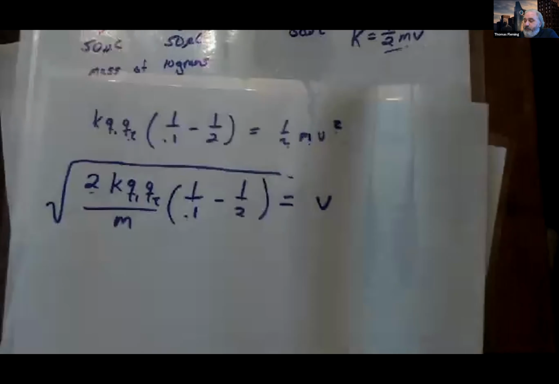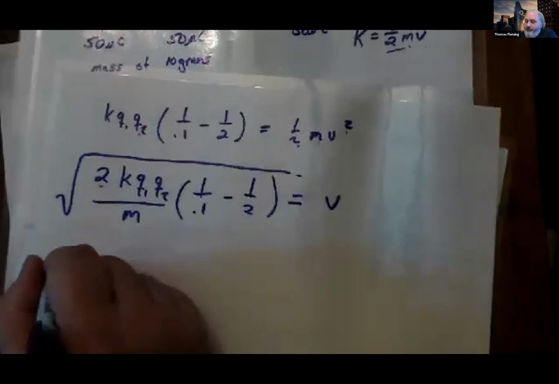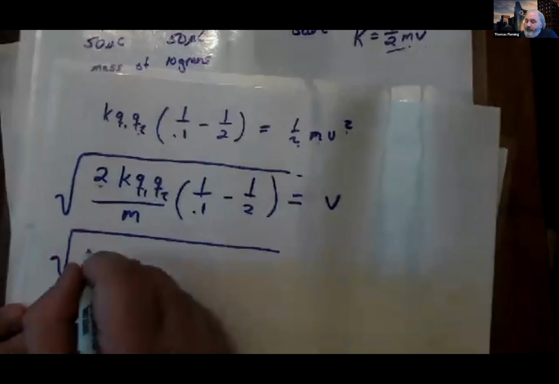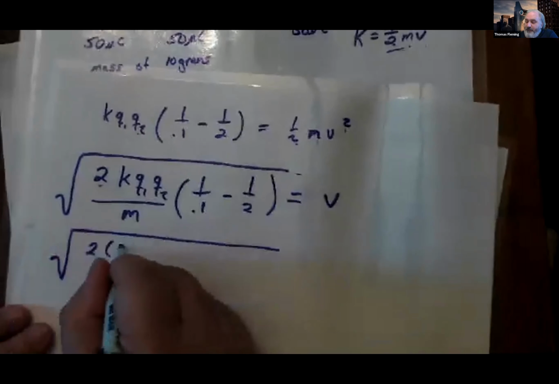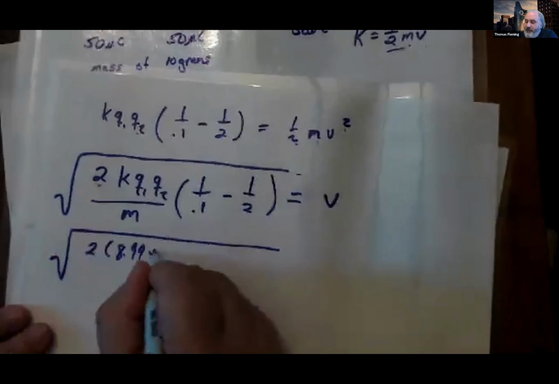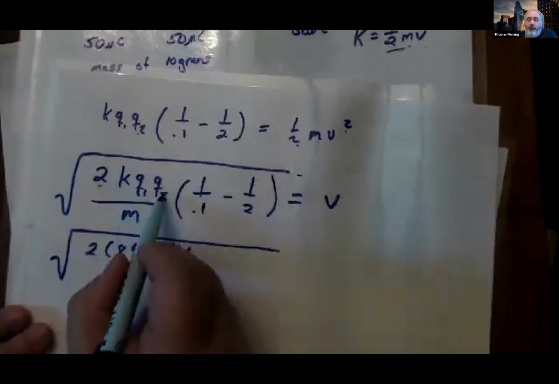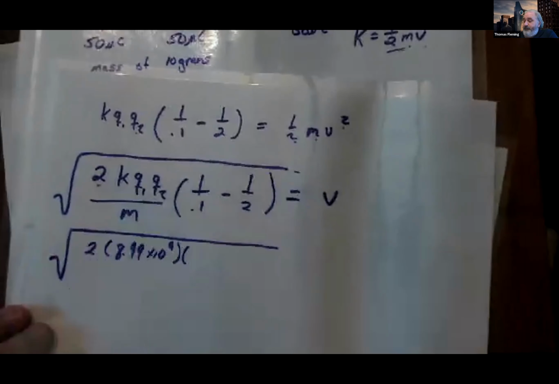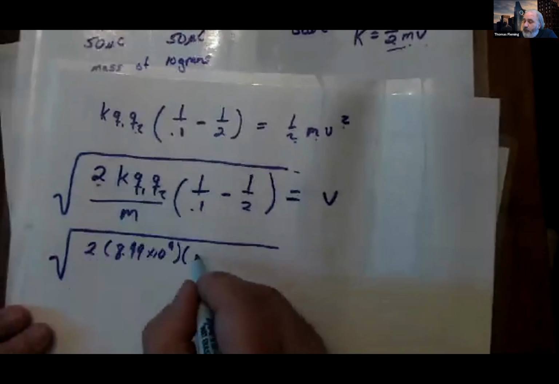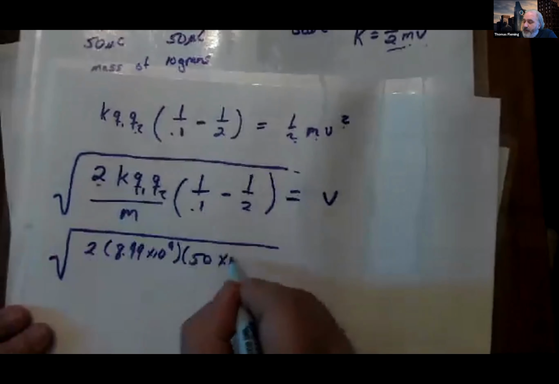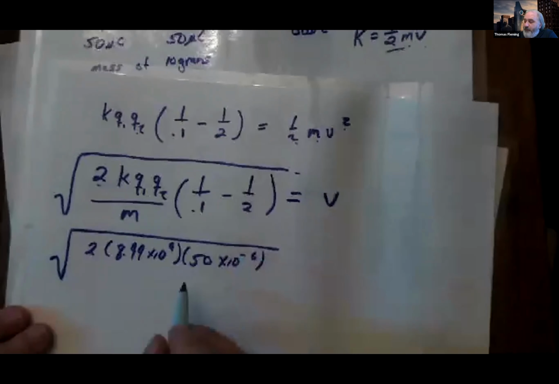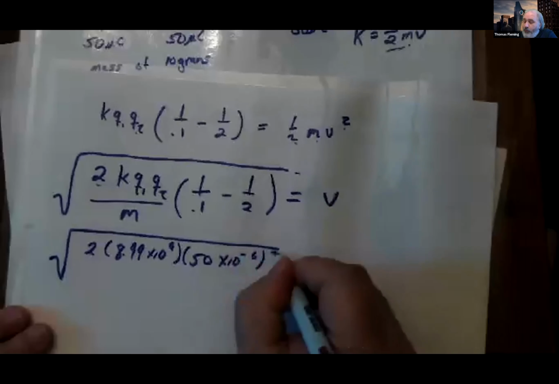So now I can just plug in all my numbers. So 2k is still 8.99 times 10 to the 9th. The Q1 and the Q2 are both the same number, right? It's 50 microcoulombs, so 50 times 10 to the negative 6. Instead of writing that twice, I'm just going to square that bad boy.